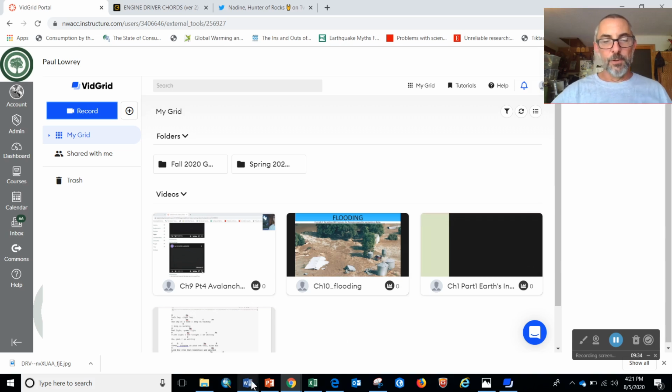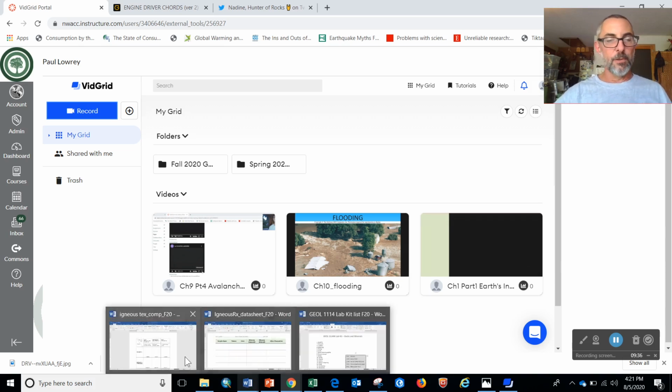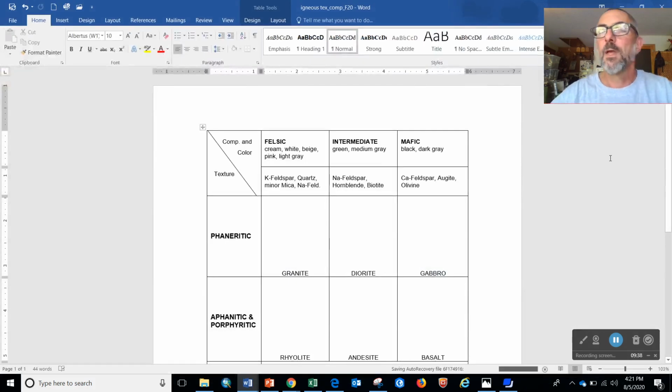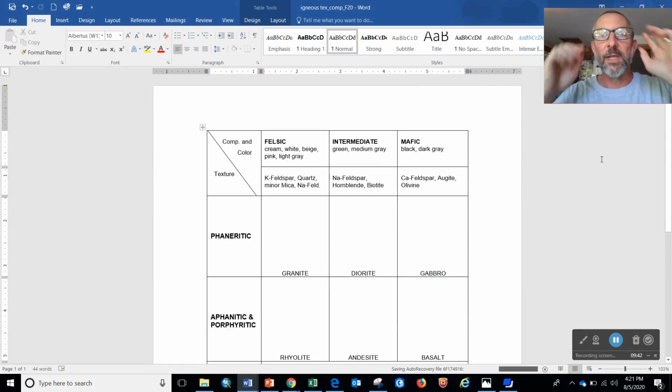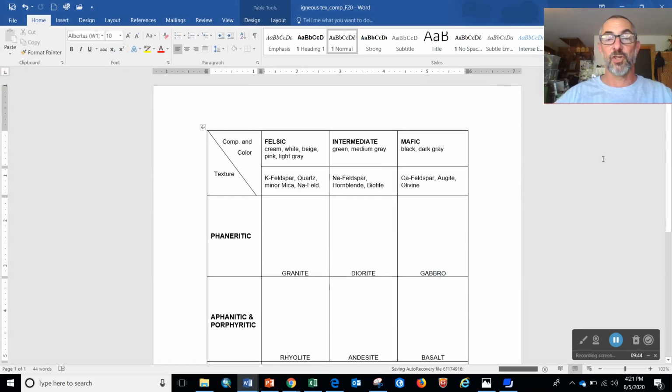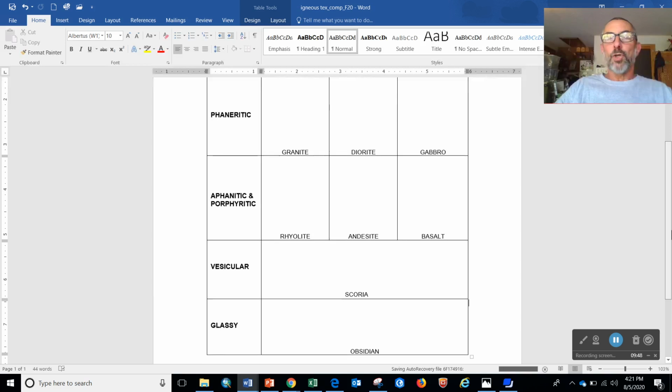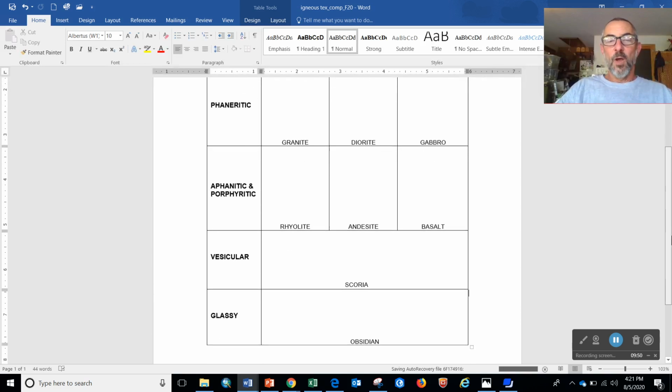And the first thing I'd like you to do is this particular document, and this is going to be posted right below this video, called Igneous Texture and Composition. And put your 8 samples where you think they should go.